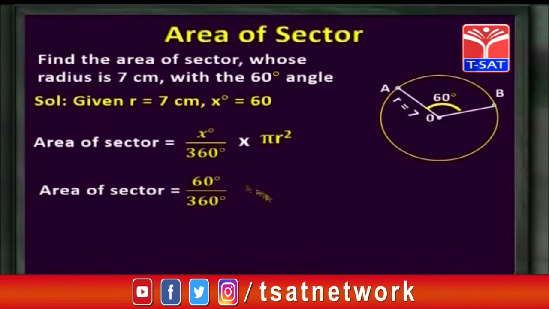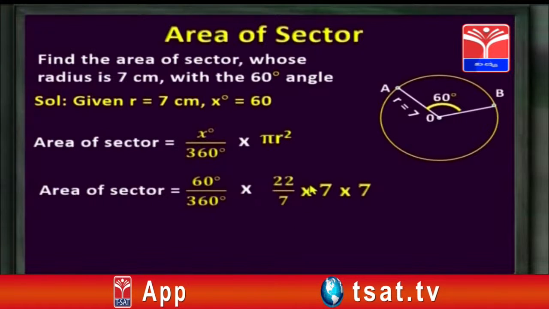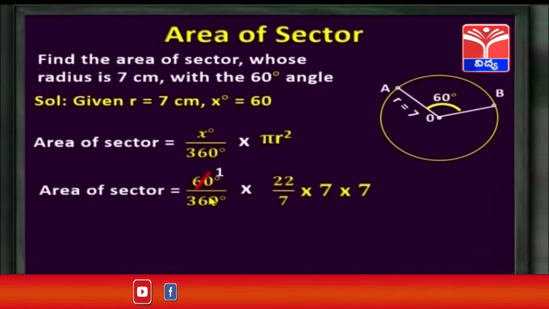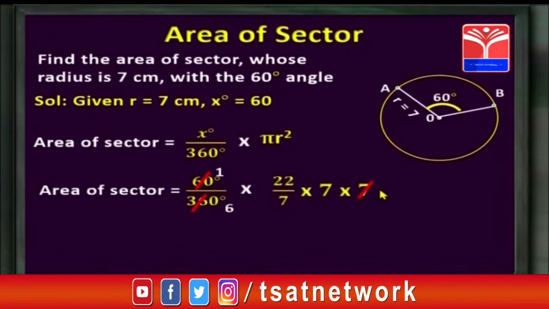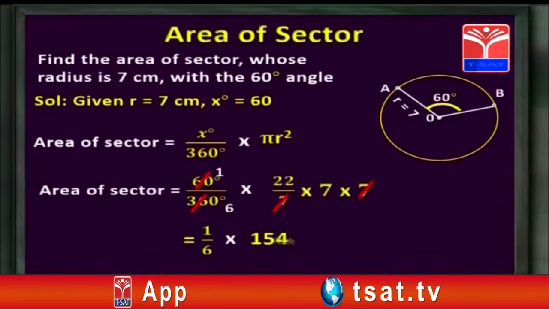Area of sector is equal to, substituting the values, x is equal to 60 by 360 into pi, which is 22 by 7, r is 7 into 7. Now I can cancel: 60 ones are 60, 60 sixes are 360, also 7 ones are 7, 7 ones are 7. So I can multiply 22 into 7, 1 by 6 into 22 into 7 will be 154.